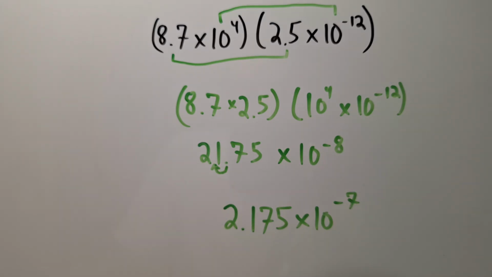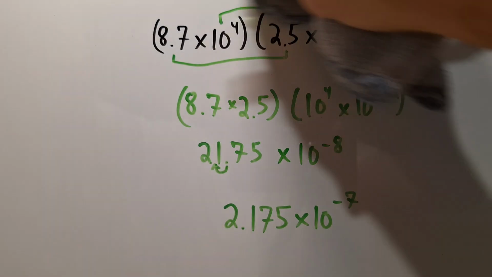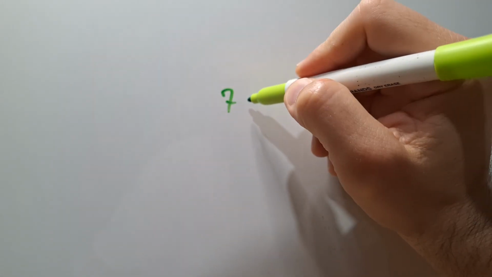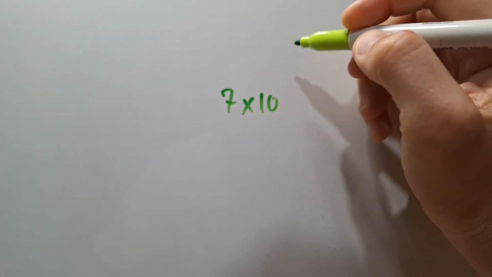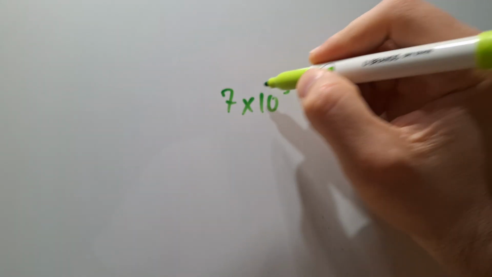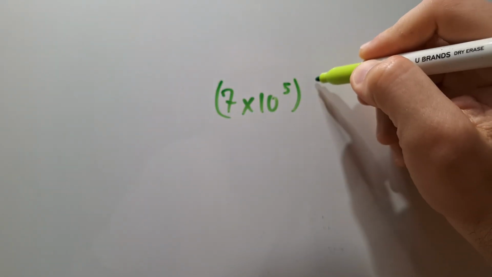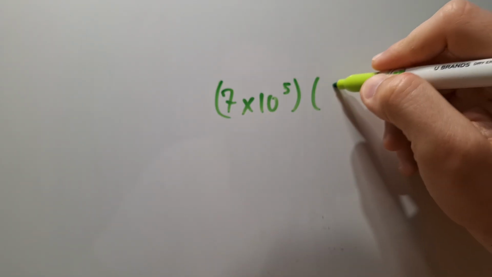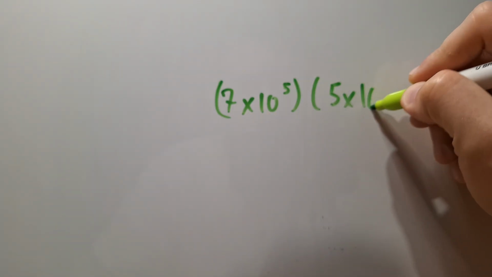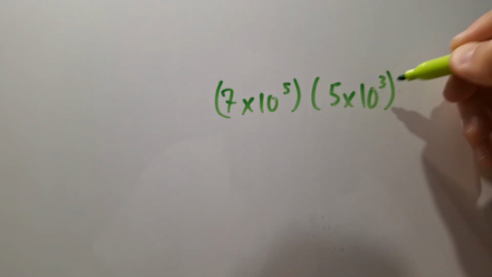Let's work out one more. Let's do 7 times 10 to the power of 5, and we're going to multiply this by 5 times 10 to the power of 3.